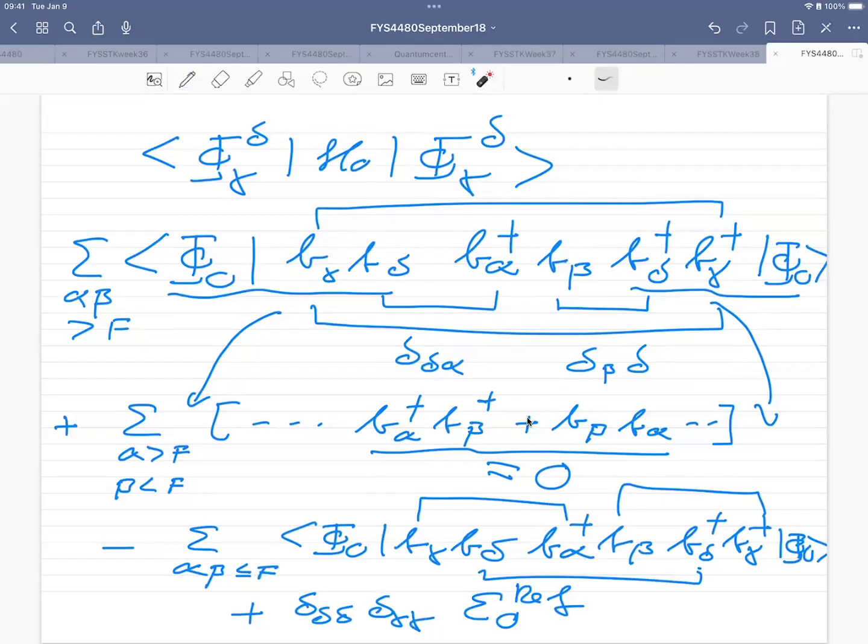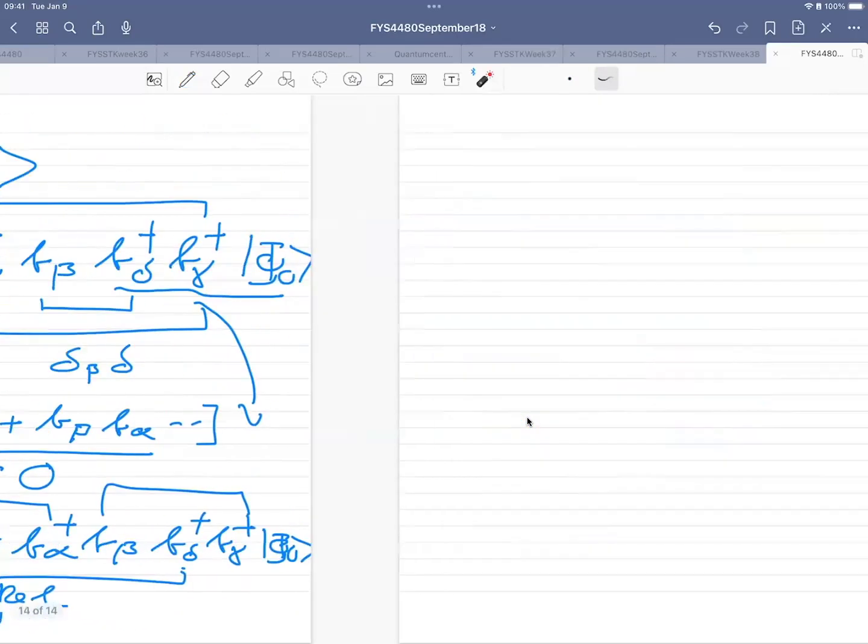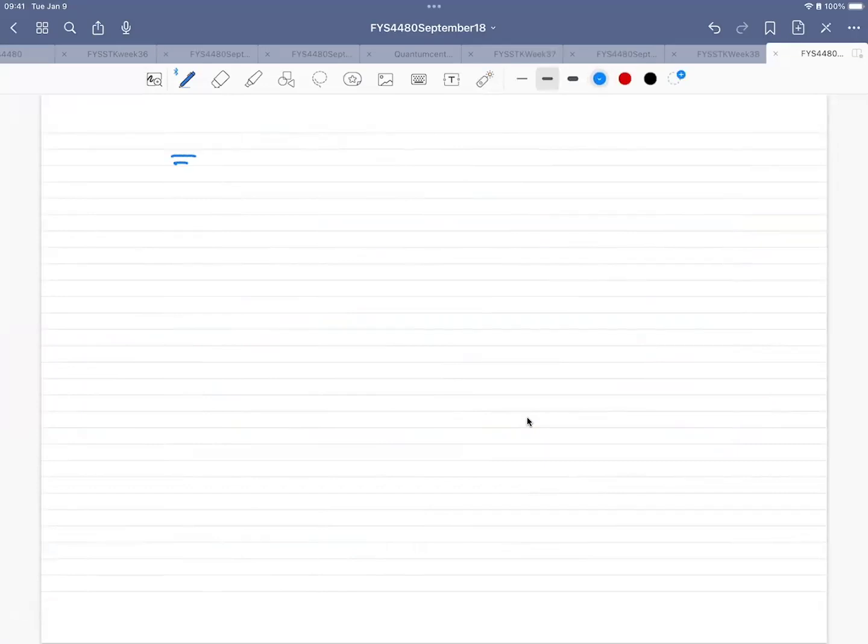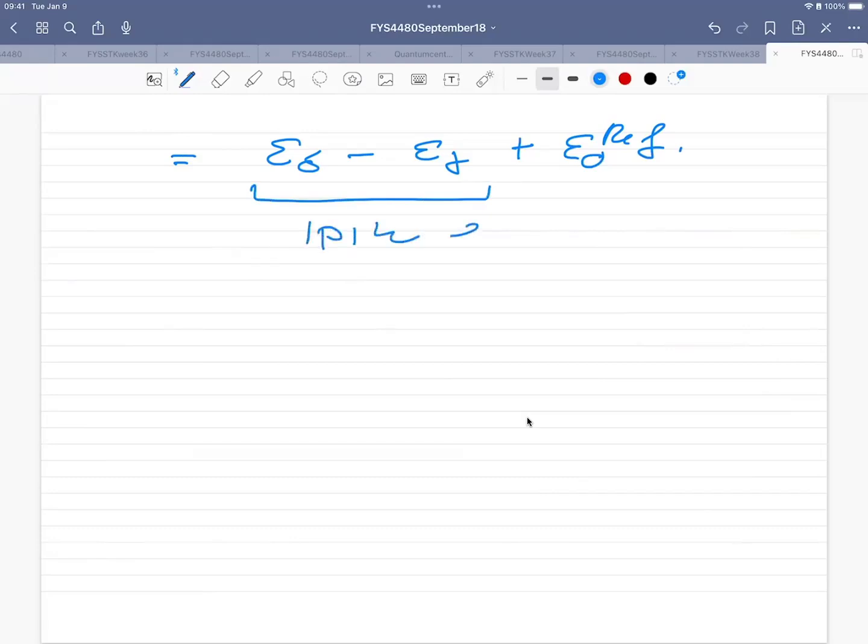So that state there is unaffected by the operators, but alpha and beta have to be equal to delta. So what you're going to get then is something like this: epsilon delta minus epsilon gamma plus epsilon 0 reference. So for the non-interacting case, what you're doing now is to define this expectation value of the energy as a one particle, one hole energy difference.